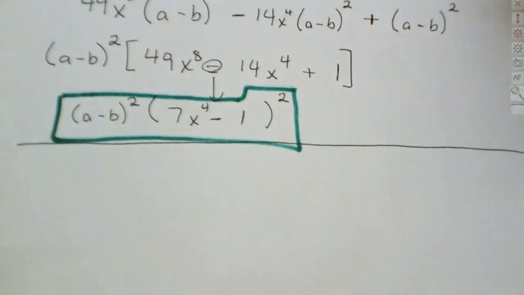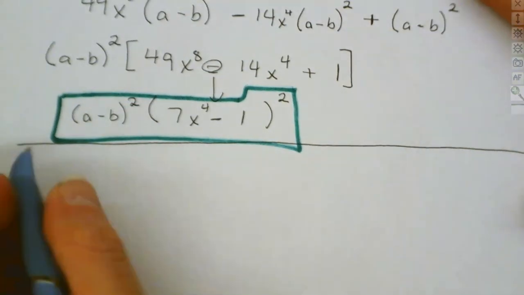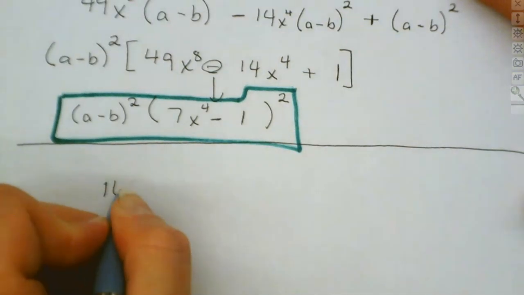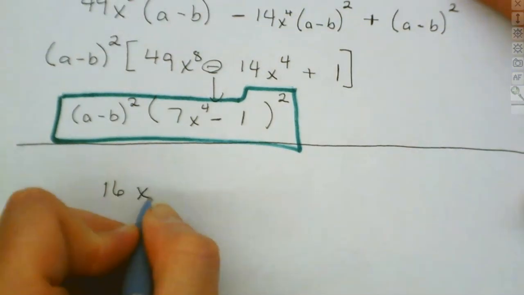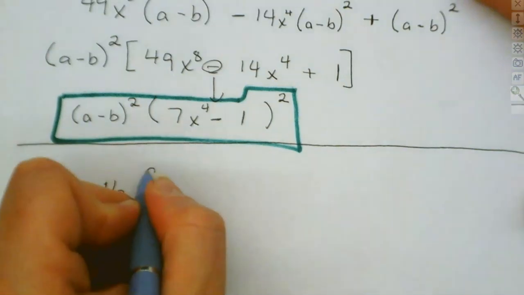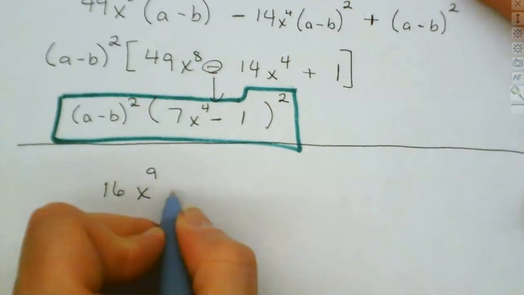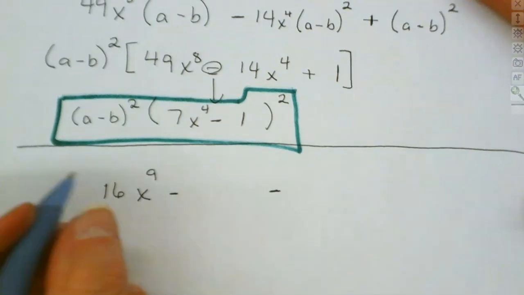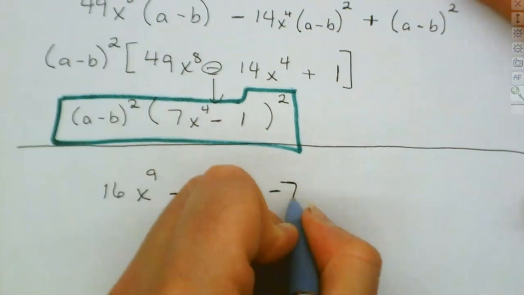So let's do a more complicated one. How about we look at 16 x to the 9th minus, and we'll do a minus over here. How about we do a 7 here?